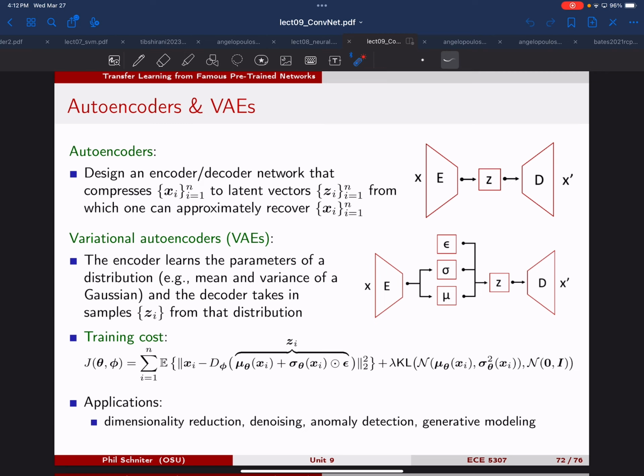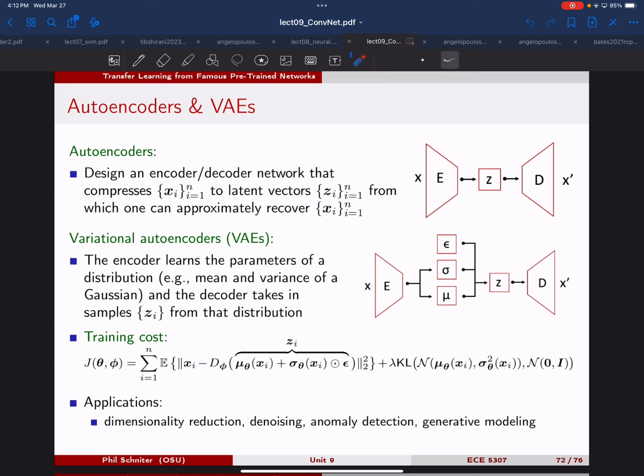So, maybe you have a 100 by 100 image, and maybe you come out of here and you have just 100 coefficients total, for example. And those things in the middle are called Z. And then there's a decoder that takes those few Z's and basically tries to recover this image X. The approximation is called X prime.